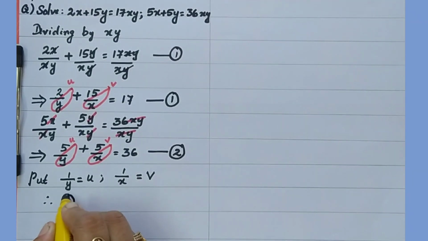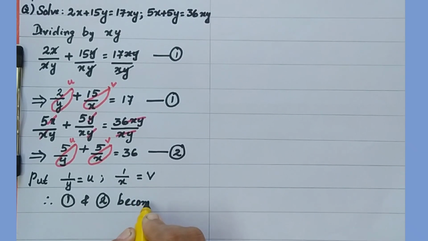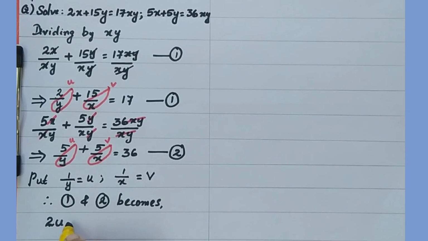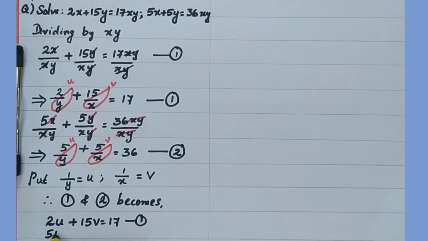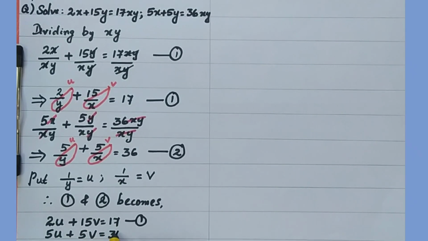Therefore, equations 1 and 2 become: equation 1 is 2u plus 15v equals 17. This is equation number 1. And the second equation is 5u plus 5v equals 36. Equation number 2.